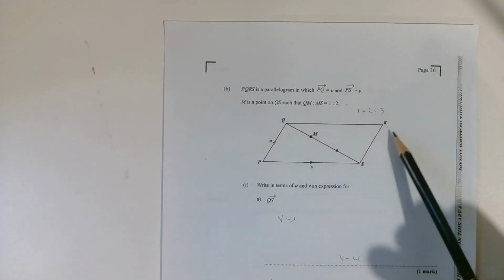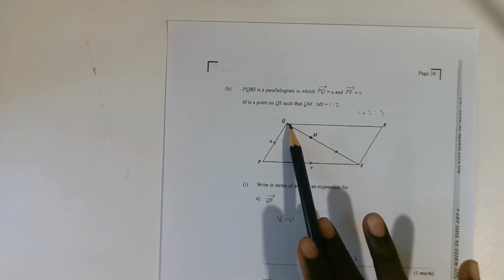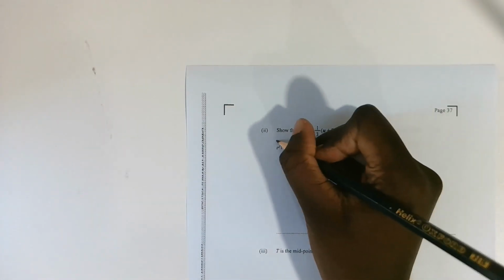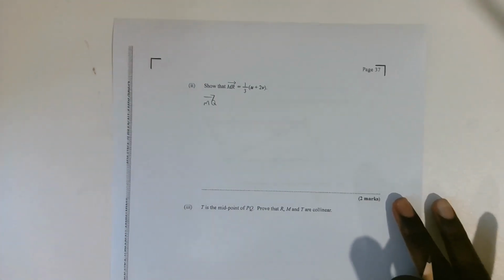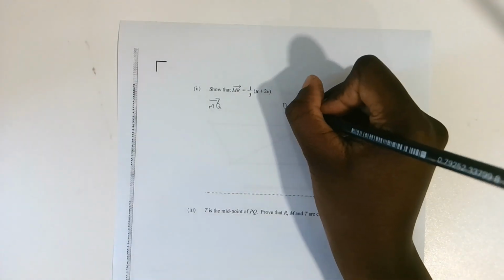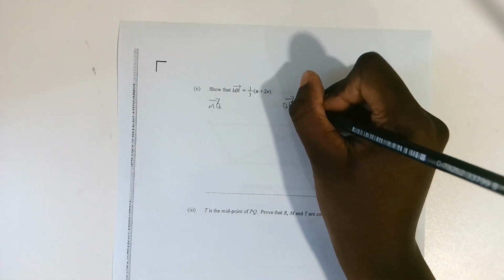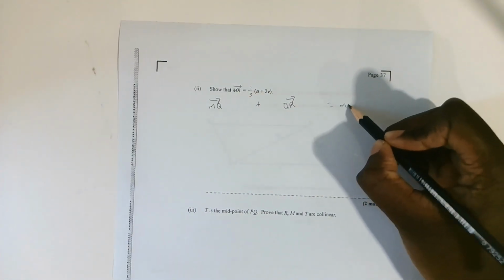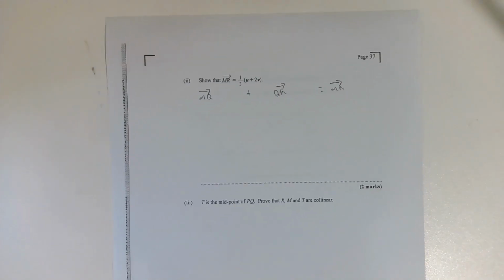We can find the distance from M to Q and then from Q to R. My vector MQ plus my vector QR, adding those together is going to give me my vector MR.